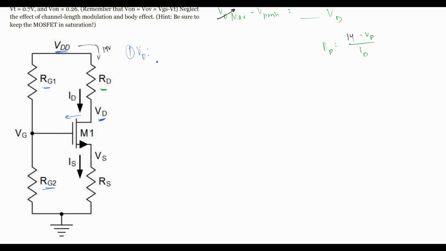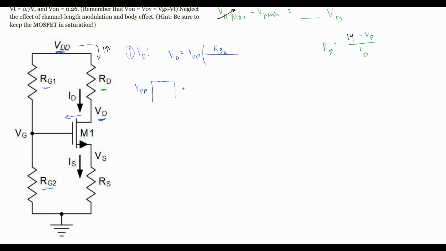Anyways, what we would do here is say our VD is equal to the source voltage, which is our VDD, multiplied by our RG2, and the reason why it's RG2 and not RG1 is because if we were to rotate this, we have our VDD right here, and we have our VD right here. We're not going to worry about the RD because the VD is the voltage over the resistor right here.